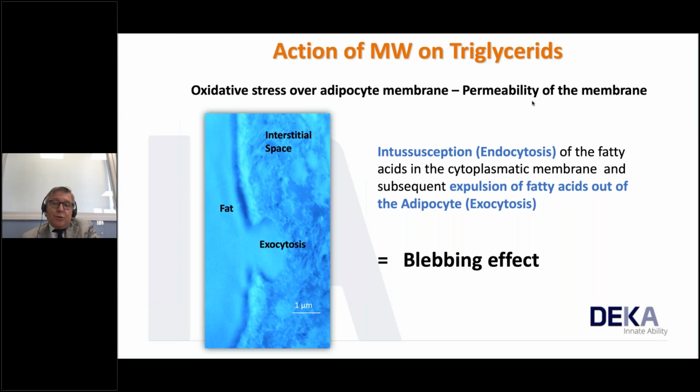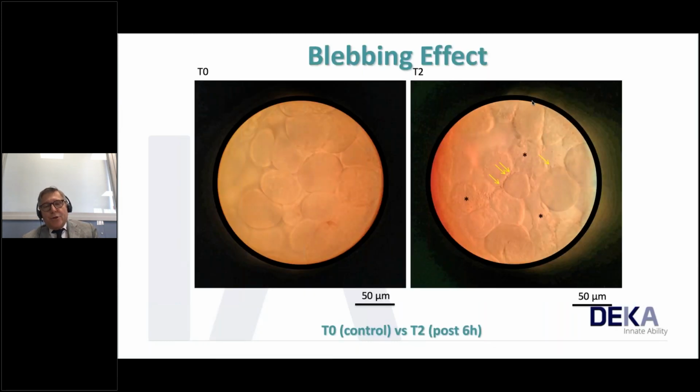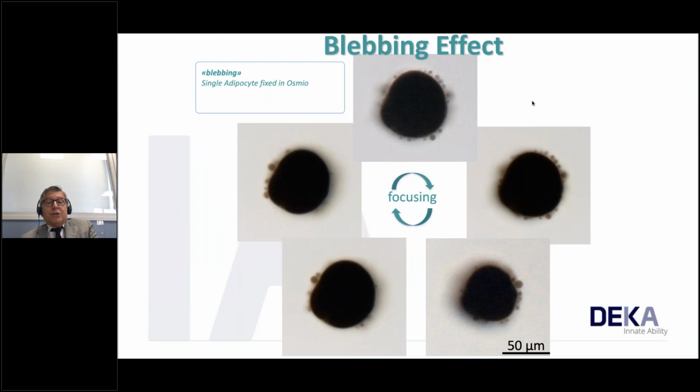The blebbing effect is a sort of onomatopoeic term due to the fact that in histological preparation, you see the typical droplets in the peripheral part of the adipocytes. By focusing with the optical microscopy, you can see easily the blebbing, so the production and the exocytosis of these droplets in the tissues out of the single adipocyte fixed in osmium.